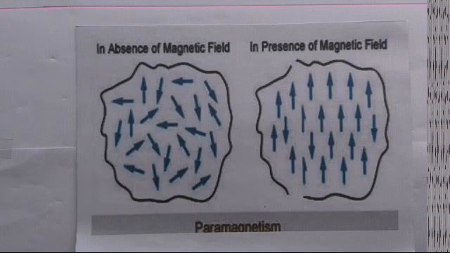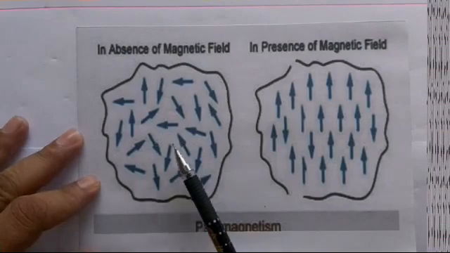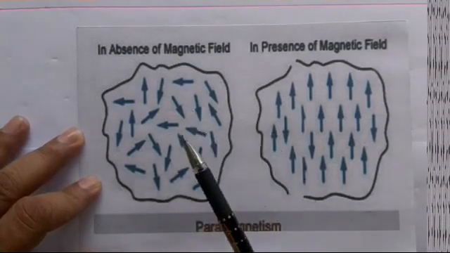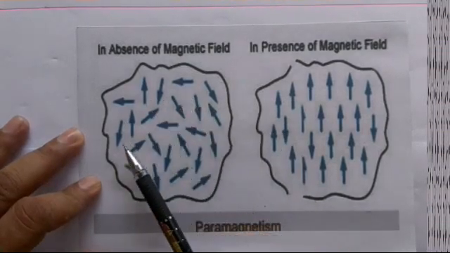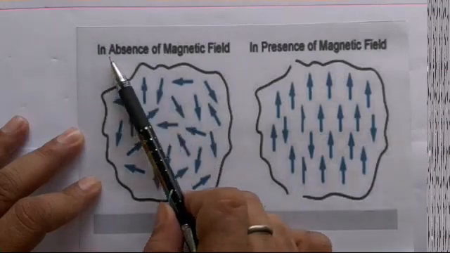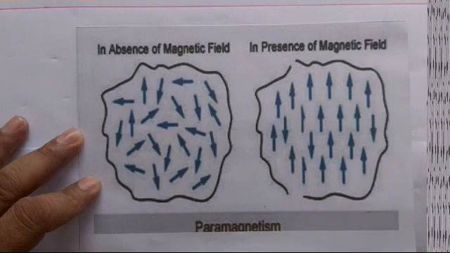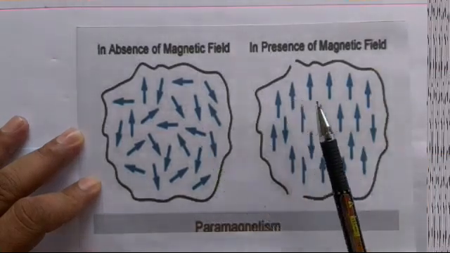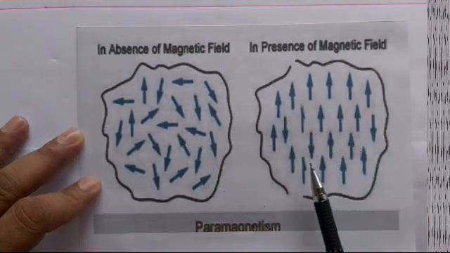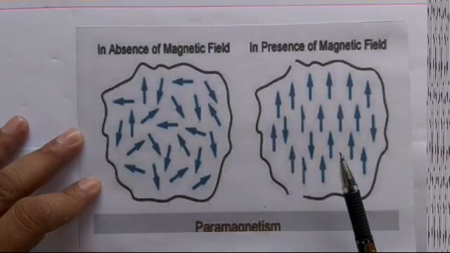This is what we all know here in this diagram. We have these small domains in a crystal which are haphazardly arranged in the absence of magnetic field. Now if there is some external magnetic field, in the presence of that field they will be arranged like this.